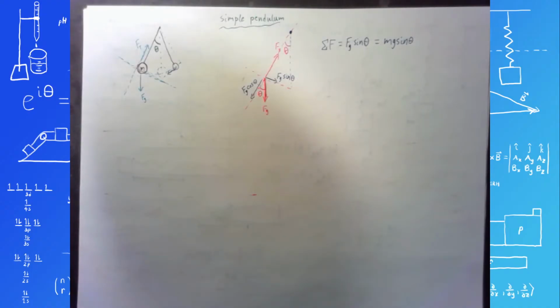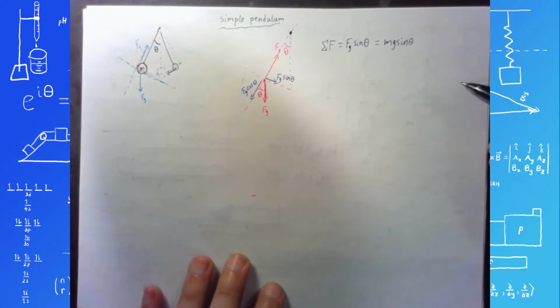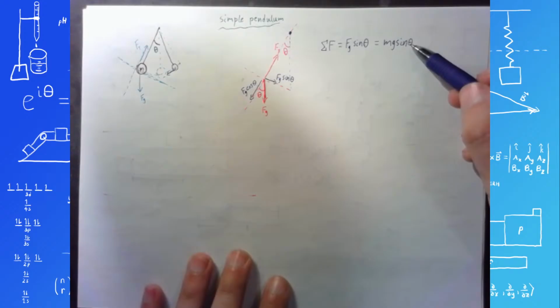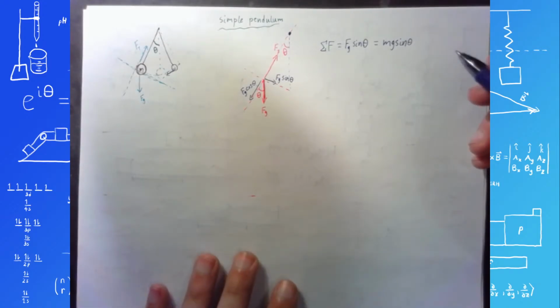I just didn't write the negative sign. Is it proportional to the displacement, though? Is it of the form constant times, in this case my displacement, theta? Well, it doesn't look like it. It looks like it's proportional to sine theta. It's a constant times sine theta.